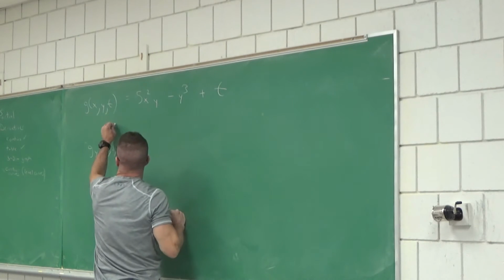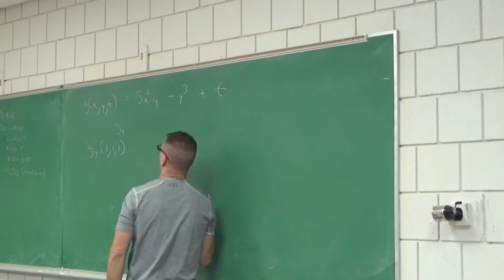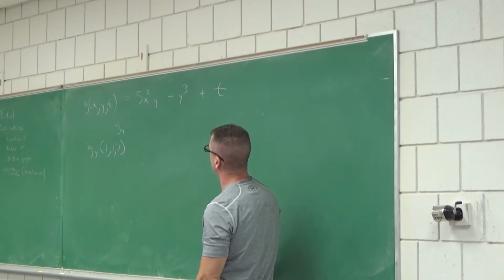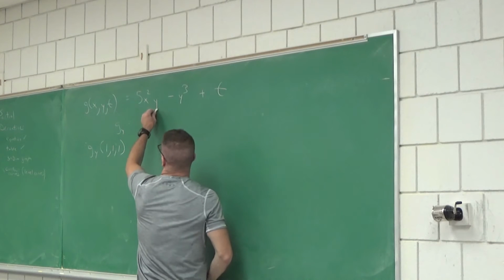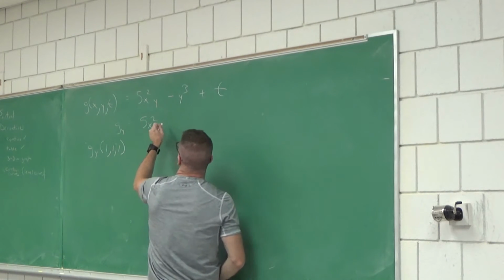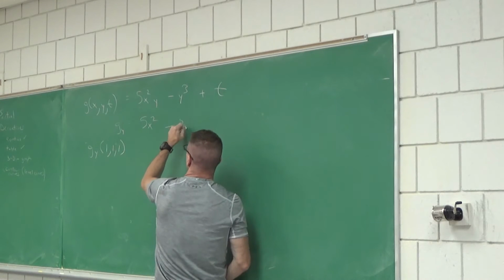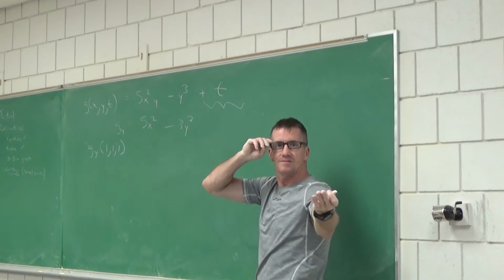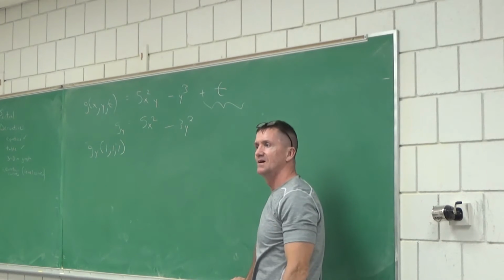What is g sub y there? The first partial of g with respect to y. What's this become? Just 5x squared. Brilliant. That's easy. Here's the thing we're talking about. What happens to plus t?